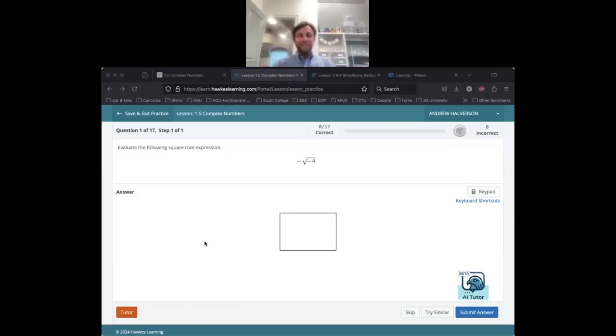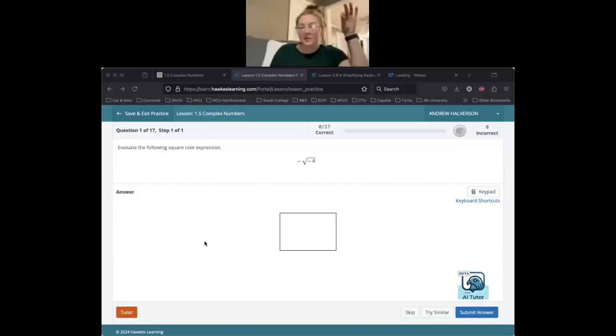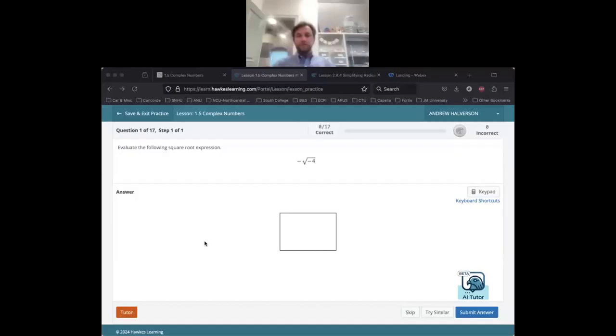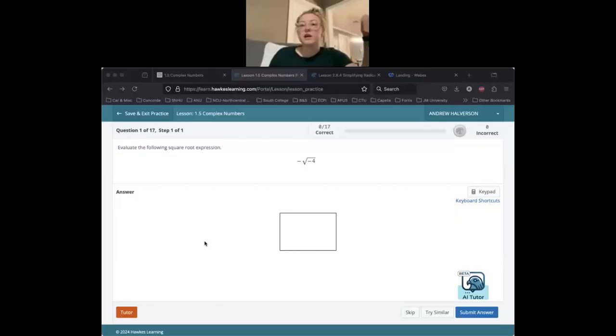Since we already did one a second ago that was just -4 inside but no negative on the outside, I'm assuming you would go through the same exact steps until you get to the point where it's just your I times your 2, where you turn it around, you put your 2I, and you would put -2I. You would tack it on once it's out of the symbol.